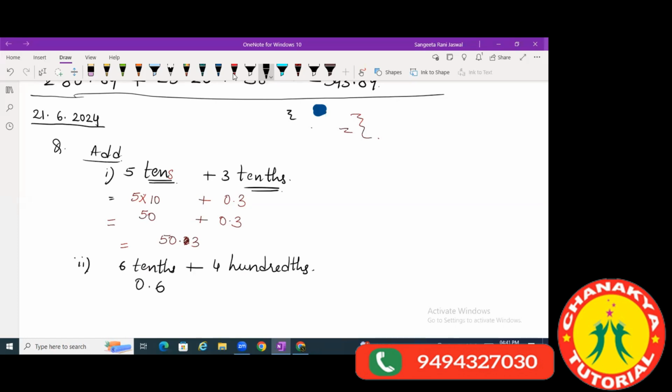Okay, so first tell me this number. Do stepwise, okay? Don't just directly give the answer. You must always, in your school also, do stepwise. You have marks for every step. Ma'am, 0.6 plus 0.04. Okay. Now when you add it, then you get 0.64.